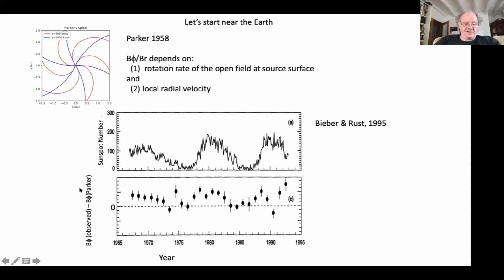There's a difference between the B phi you observe and the B phi you would expect from a pure Parker spiral. This has something to do with the solar cycle, but it's not perfectly in phase. It happens a little bit earlier in terms of this error. I'm not showing the units here, just where the zero line would be if there was no error at all. This was work done by Bieber and Rust in 1995.